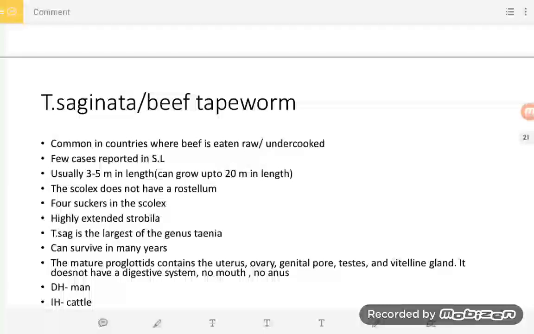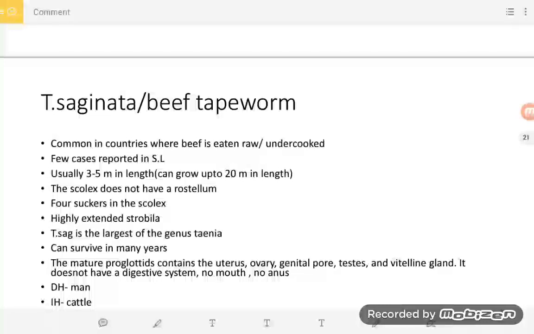It is common in countries where beef is eaten raw or undercooked. Here, beef is taken raw or undercooked, same like pork. If you take raw, half-boiled or partially boiled meat, you can get the infection if the beef is infected.